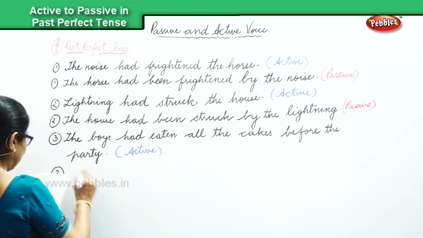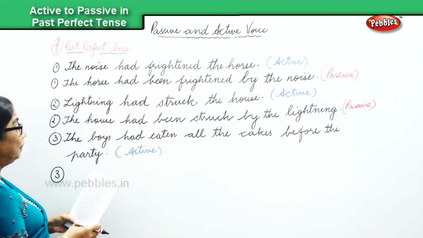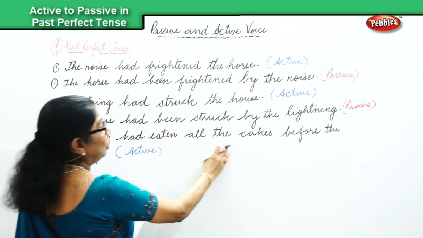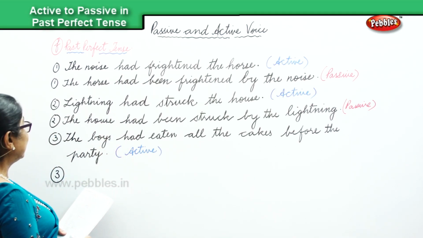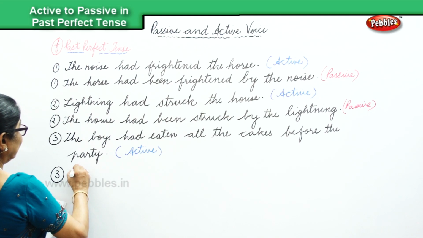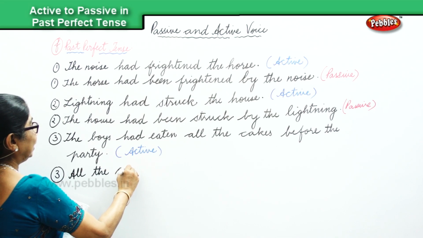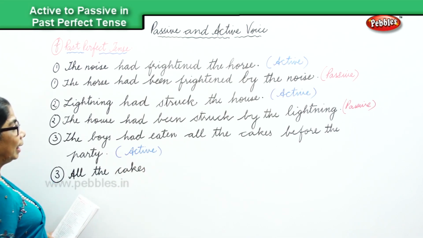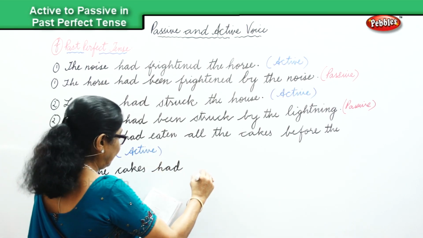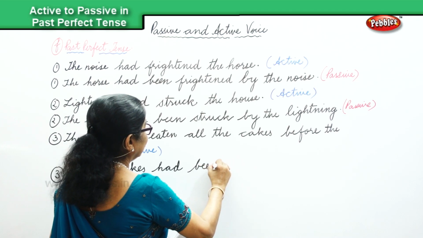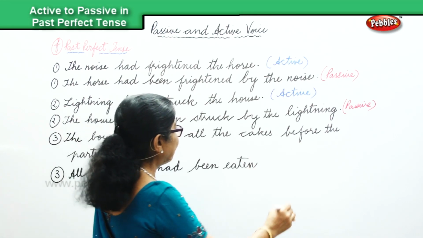Okay? So now let's look at the sentence. All the cakes had been eaten by the boys before the party. All the cakes had been eaten by the boys.